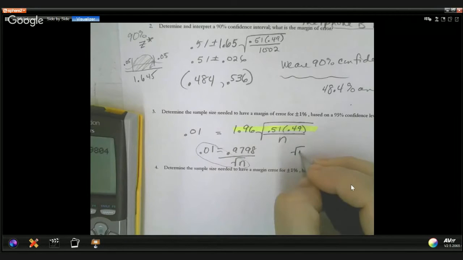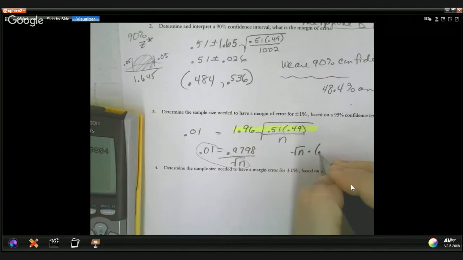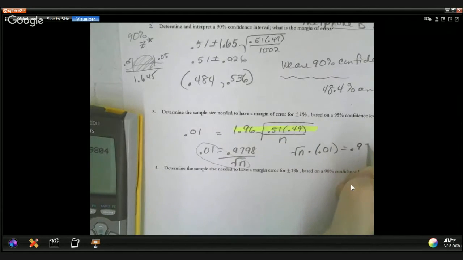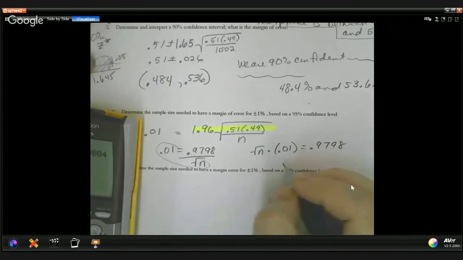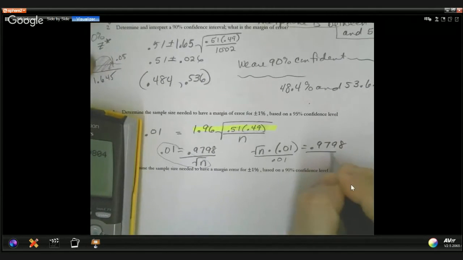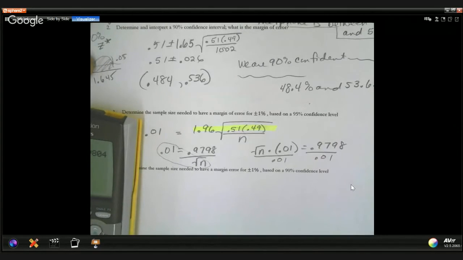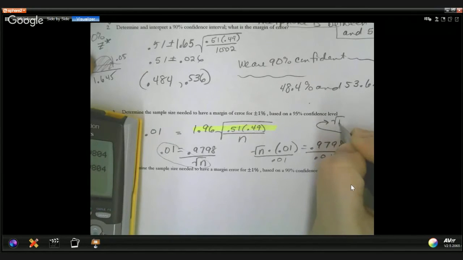And so it's the square root of n times 0.01 equals that. And now I divide by 0.01. So I divide by 0.01. And now I have another space. The square root of n equals 97.98.